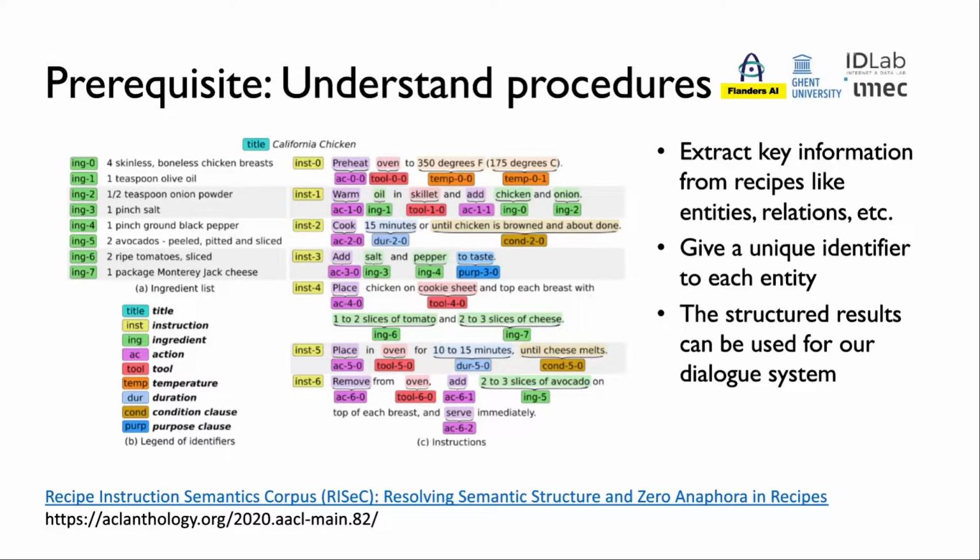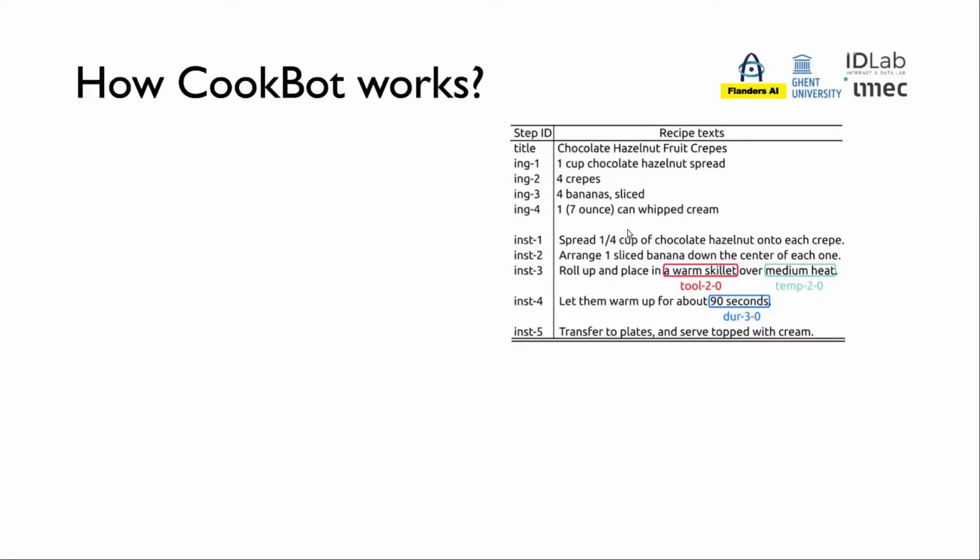This is discussed in more detail in our first publication. The main takeaway here is that we already built a procedural document dataset and the baseline models that can achieve such automatic information extraction. So now back to our dialogue system.